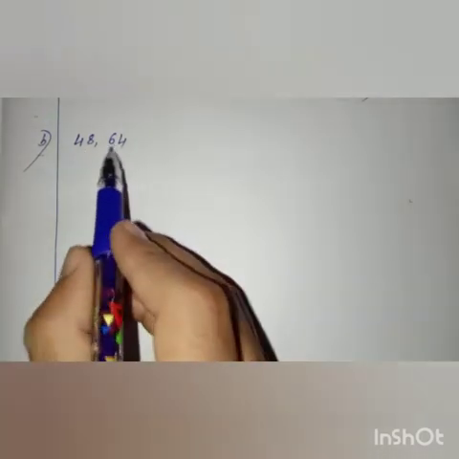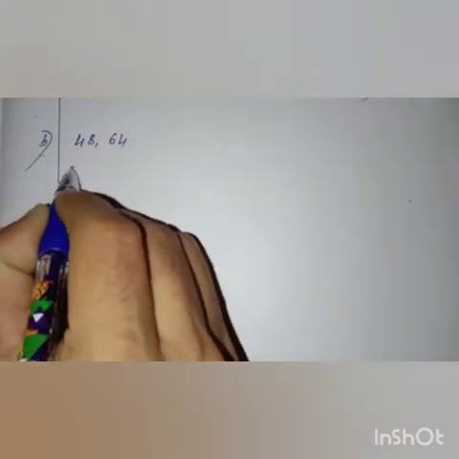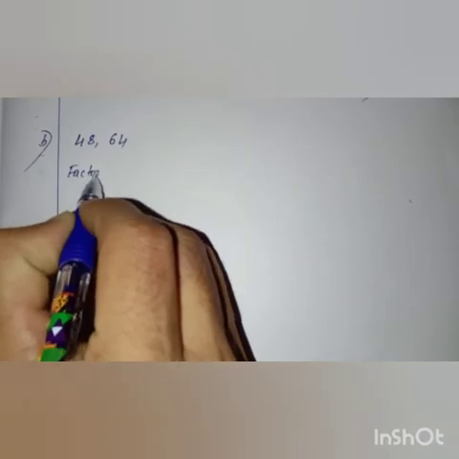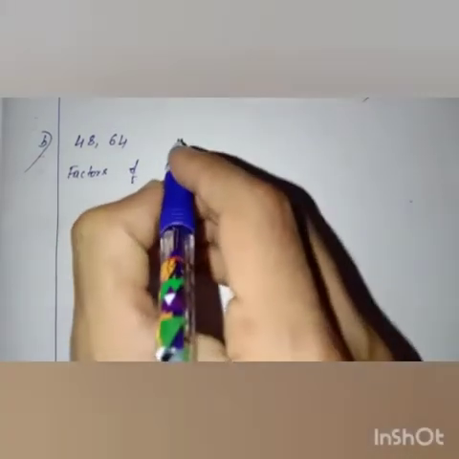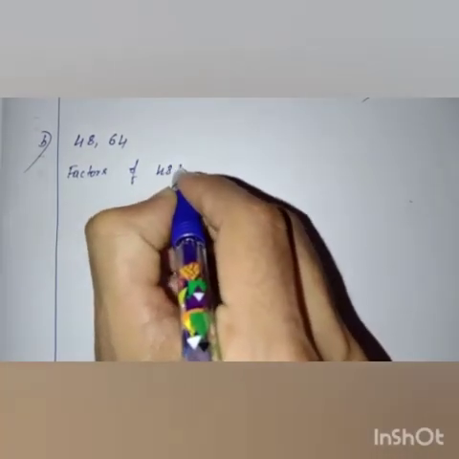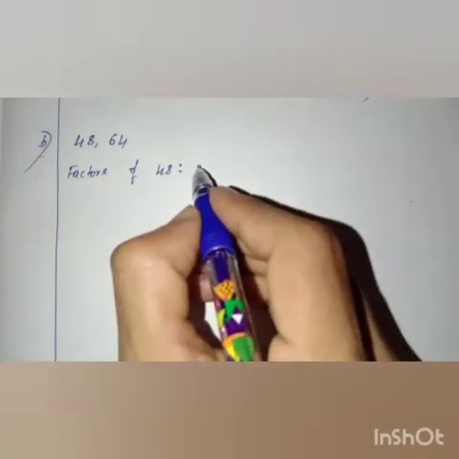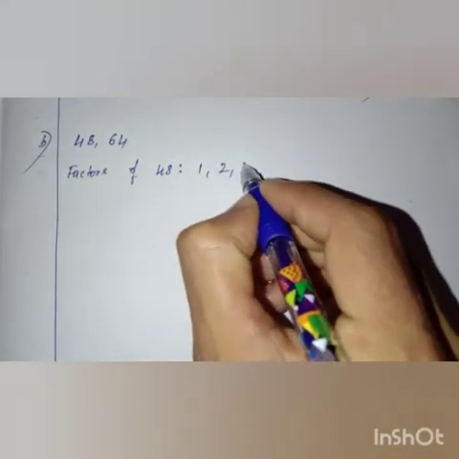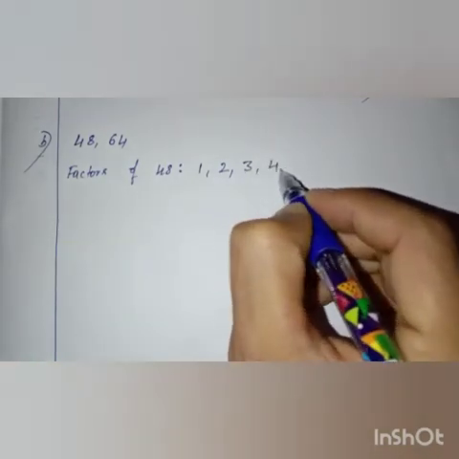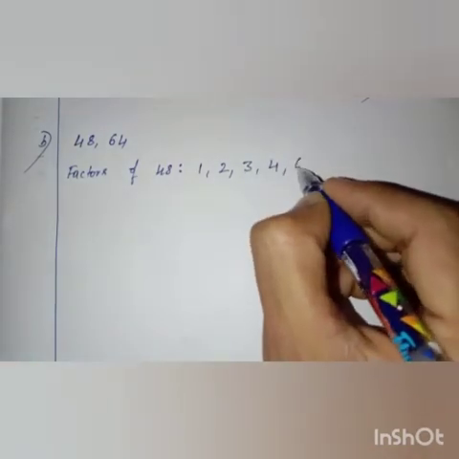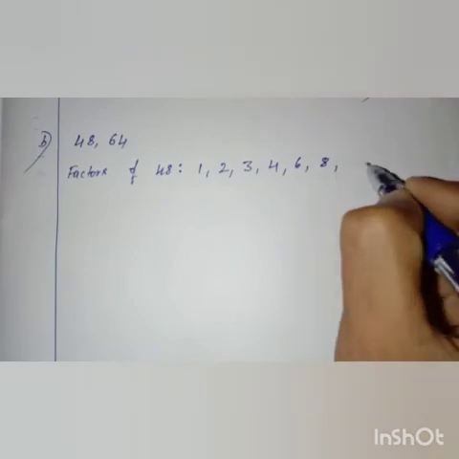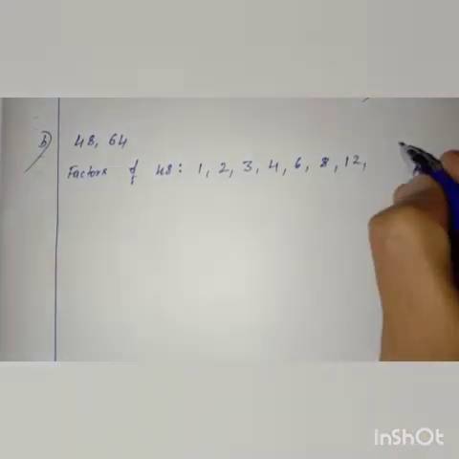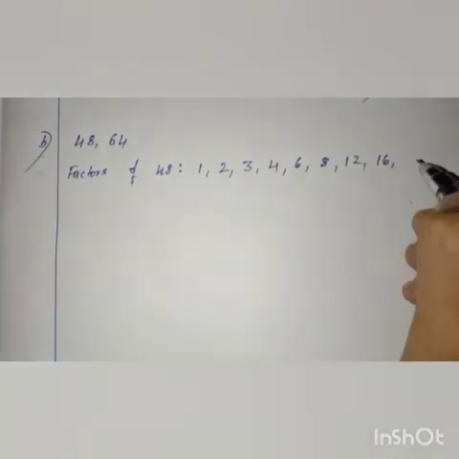And the next question, B, 48 and 64. Now let us find out the factors of 48. So from 1 it is divisible, from 2 it is divisible, then 3, 4, then 6, then 8, then 12, then 16, then 24, and the last factor is 48.